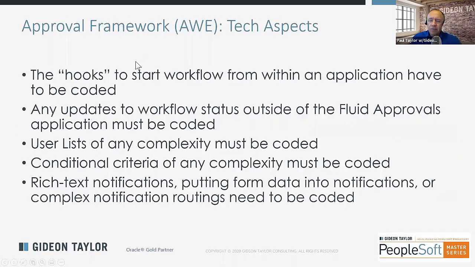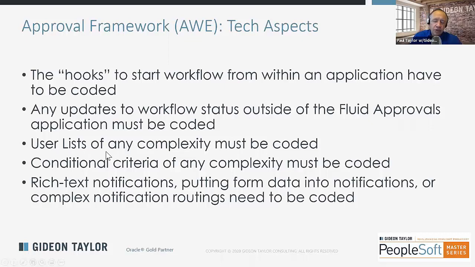The problem is still it's not completely a functional tool. You need a developer to hook the AWE into your application, and the updates outside of fluid approvals, which often end up being necessary, you end up coding.